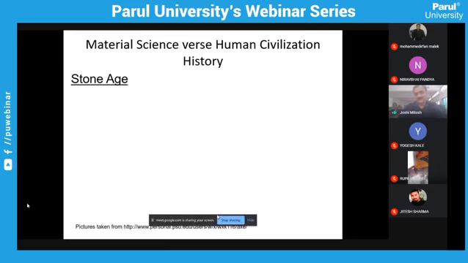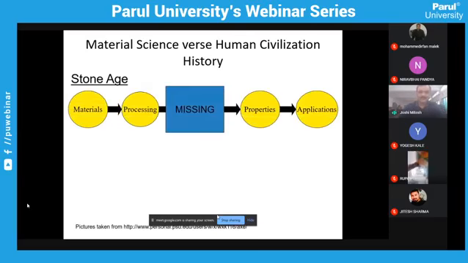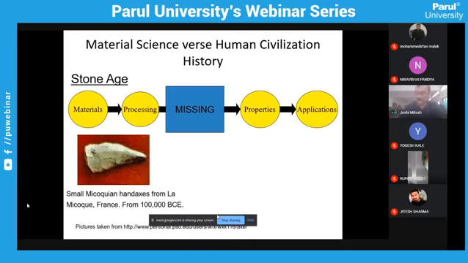Like the first is the Stone Age. When human civilization started, they found simple stones. They made them sharp, so you can say they were processing them. The sharpness is a property, and they defined its applications.